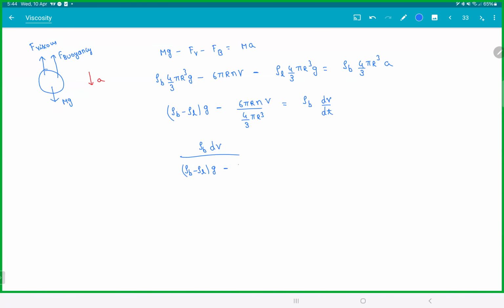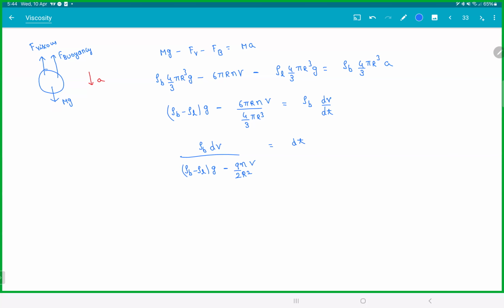This guy would be 9 by 2. Pi will cancel, r square, eta v. 3 and 2 will cancel. 9 by 2 r square eta v. This is dt. Making sense? I just simplified it.